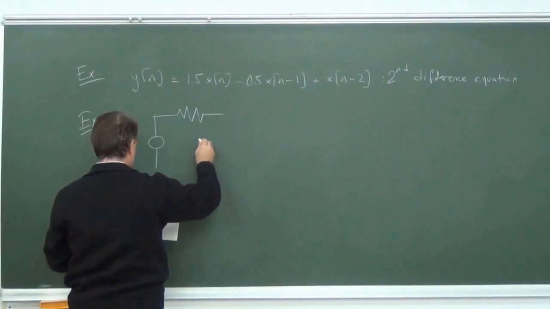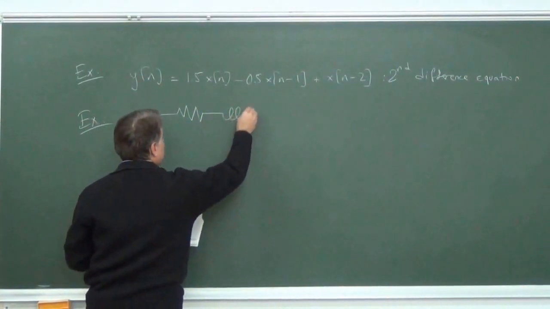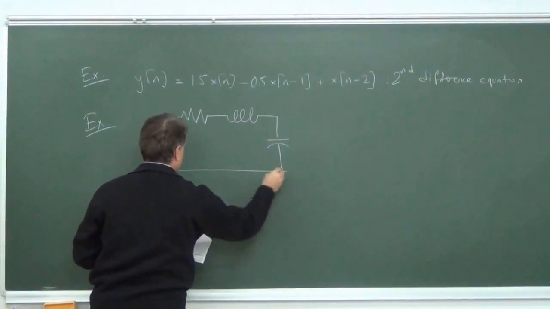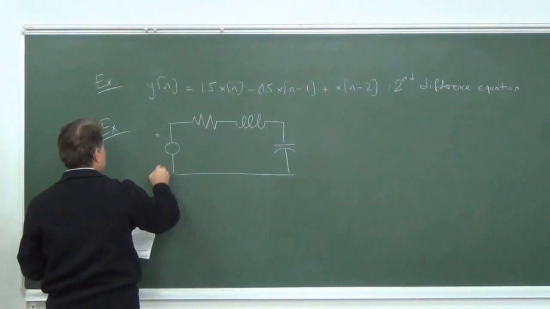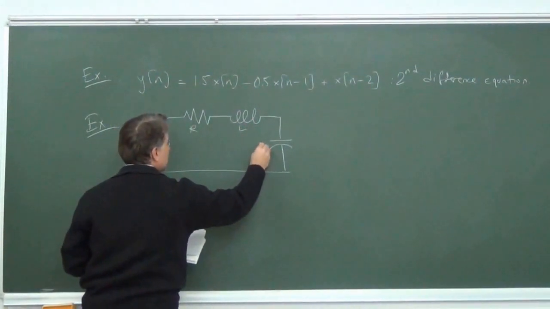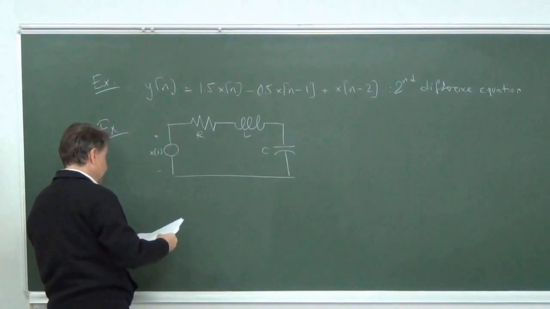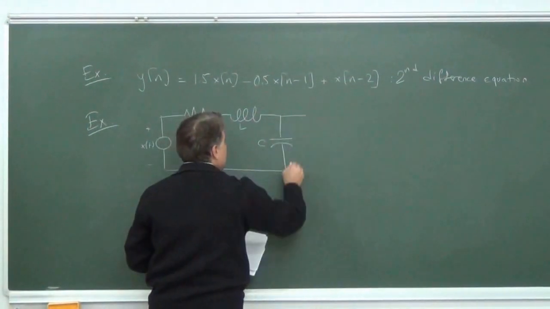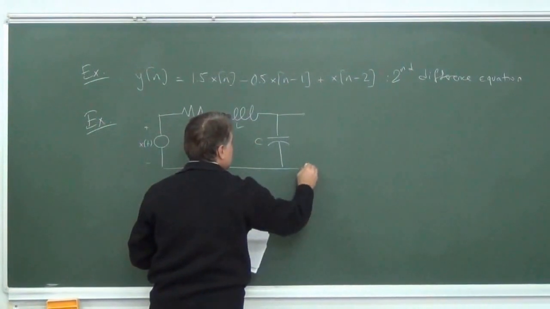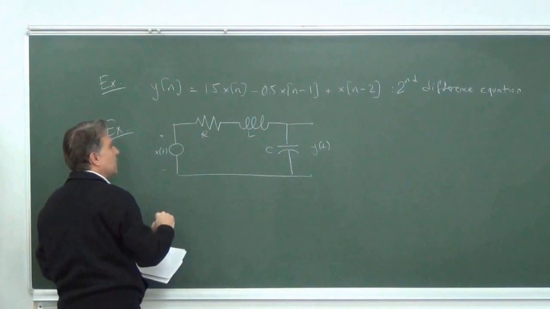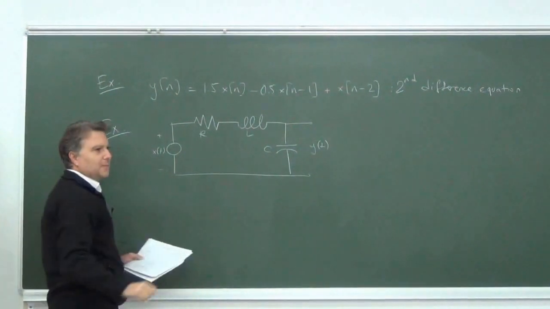This is the resistor, we have an inductor, and we have a capacitor. The input is x of t, this is the resistance, this is the inductance, this is the capacitance. The output we measure as the voltage across the capacitor, which is y of t. So y of t we want to obtain in terms of x of t.